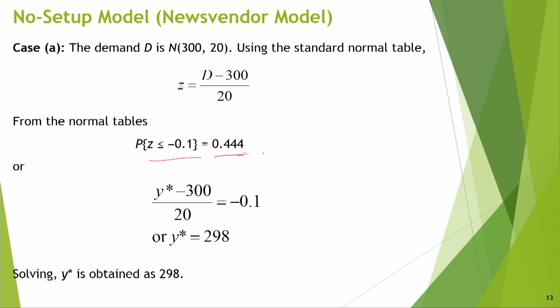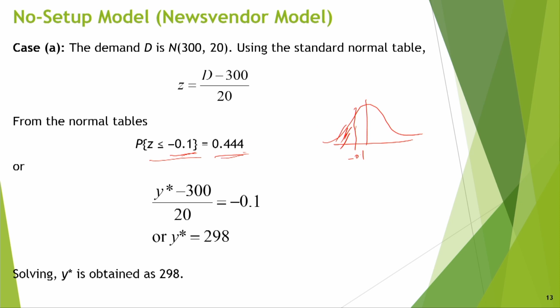That means you have to find which z value will give the probability equal to 0.44. In the table you can see that this area will be about 0.1, so z is about minus 0.1, where the total area is 0.44. This will come from the table.